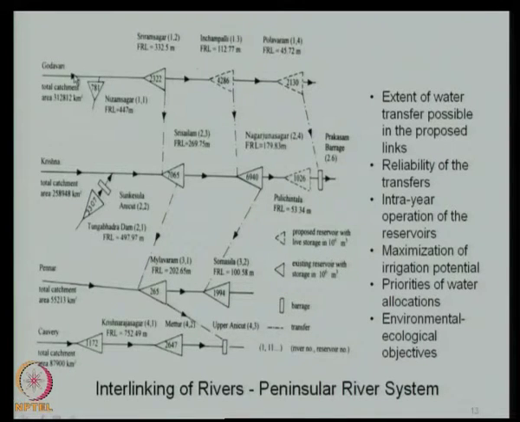So, we look at the entire system and then arrive at the reliability of the transfers, we arrive at maximization of irrigation potential, keeping in mind the priorities of water allocation, and then finally, we also need to look at environmental and ecological objectives, and then arrive at the intra-year operation of the reservoirs to maintain this kind of a transfer system. So, this is one area where you can apply the systems techniques.